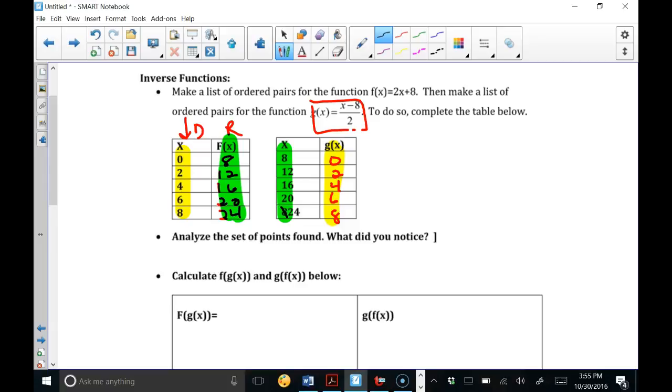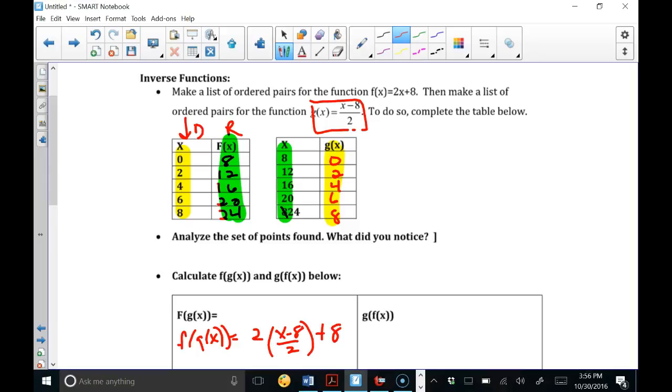In the first case, we're going to plug g into f. So f of g of x will equal, now again, we're going to plug g wherever there's an x in f. It's going to then be 2 times the g, which is now our input, plus 8.